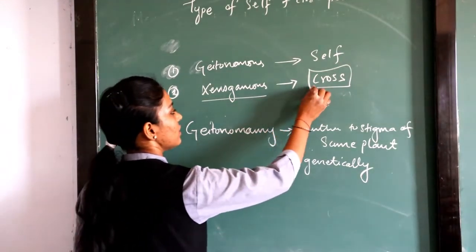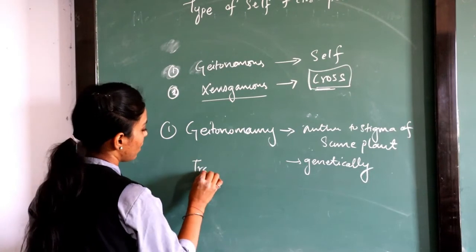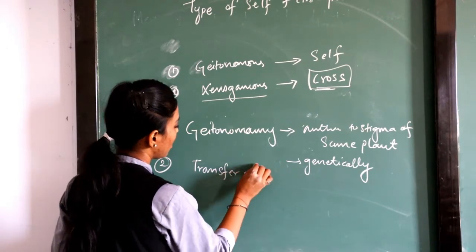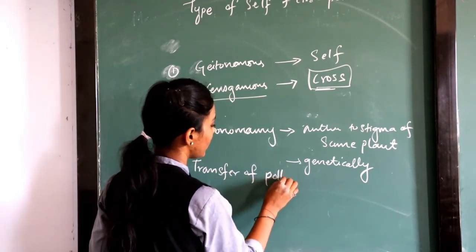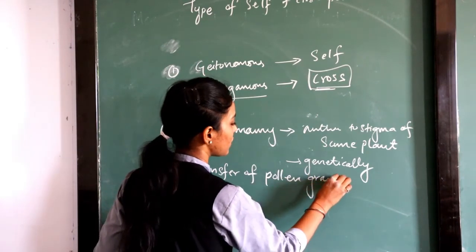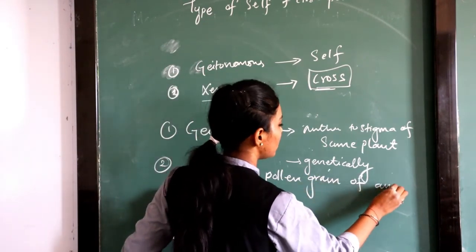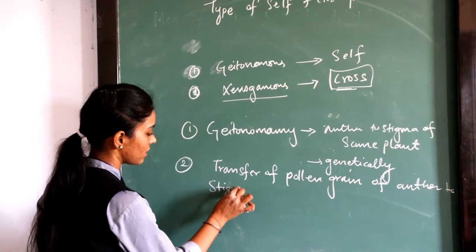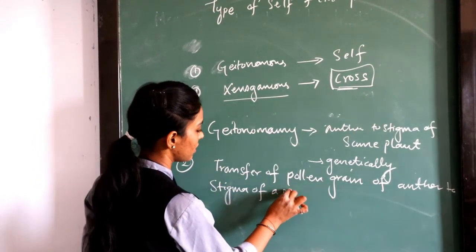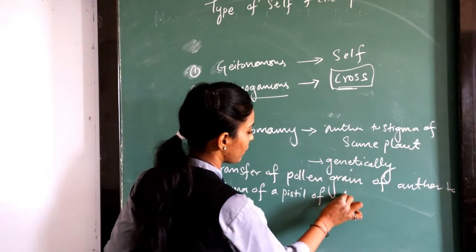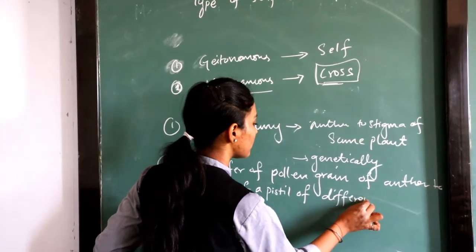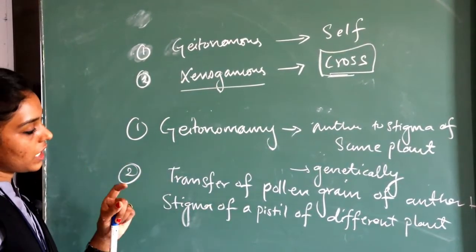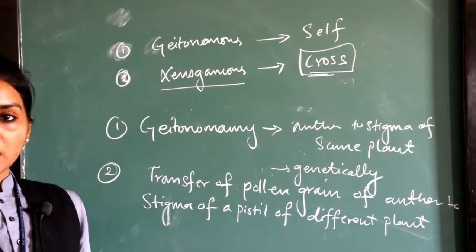In this we see the transfer of pollen grain of anther to the stigma of a pistil of a different plant. Now you will be saying that cross pollination and xenogamy are the same, but the difference is over here.